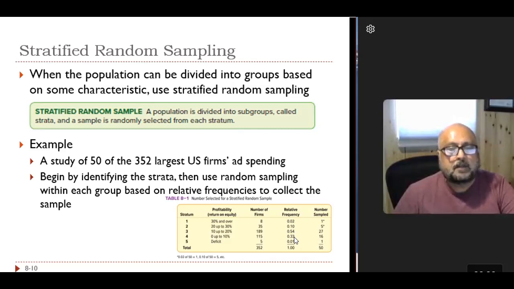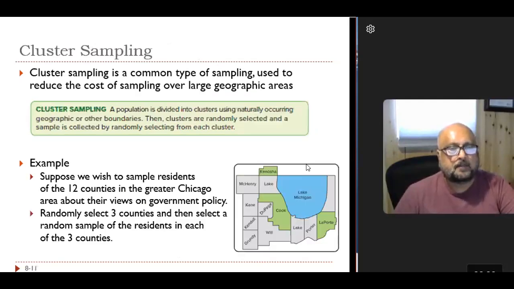Basically, you multiply by the sample size to find the chance of selecting something from that stratum or group. When the relative frequency is higher for strata 3 and 4, the probability of selecting a firm from these groups is very, very high. This is stratified random sampling.